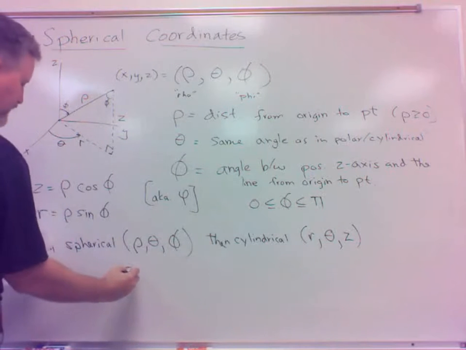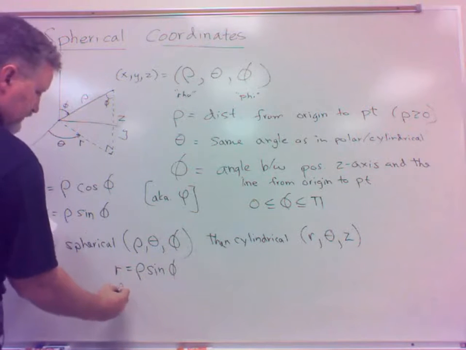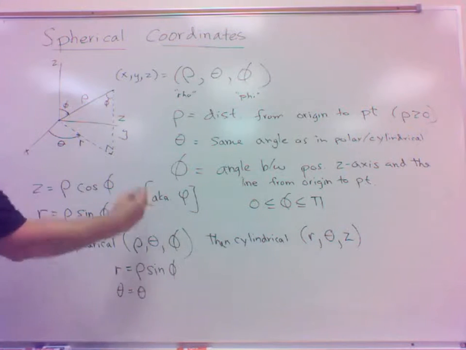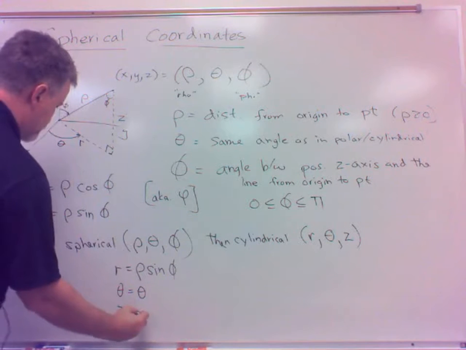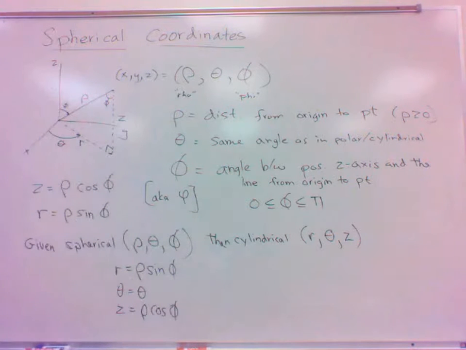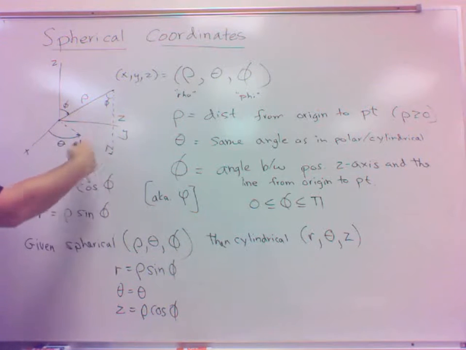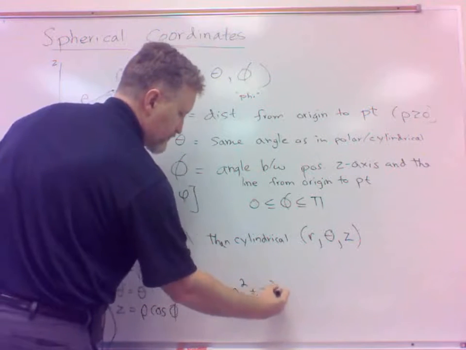Like we said, r would be rho sine phi. Of course, theta would be equal to theta, that's the same angle. And then z would equal rho cosine phi. So we could convert, just see the relationship. Okay? Now we also might note here, again from the triangle, a little Pythagorean theorem going on here. So we've got r squared plus z squared equals rho squared.